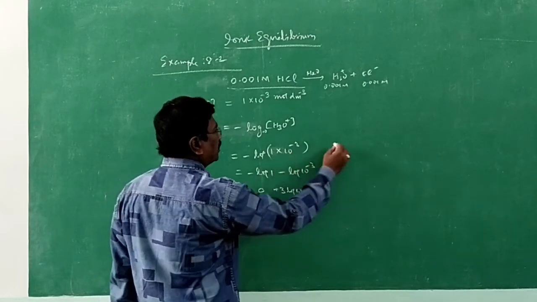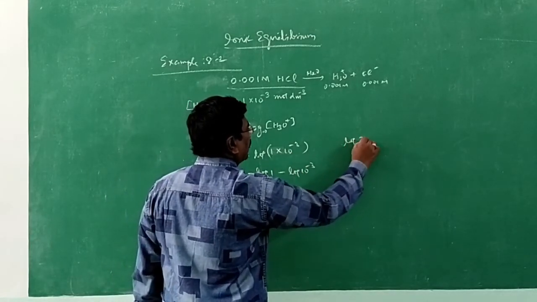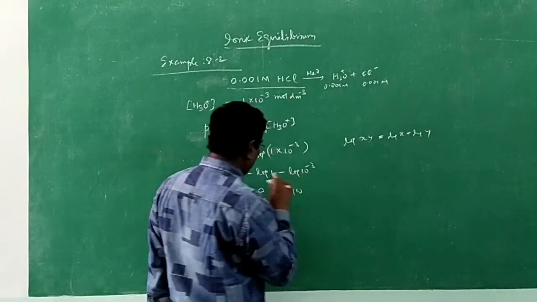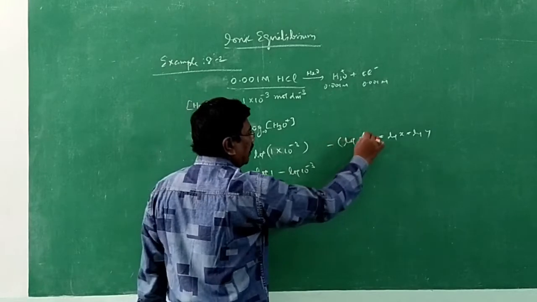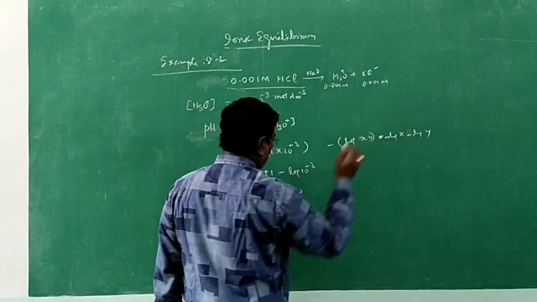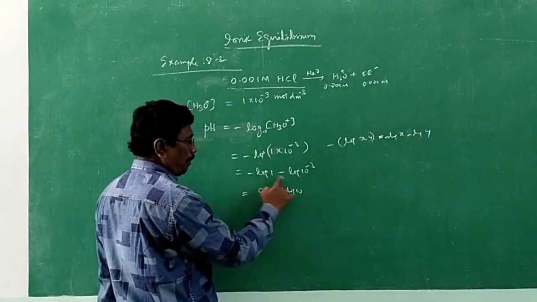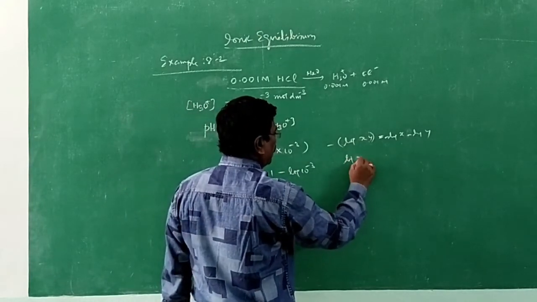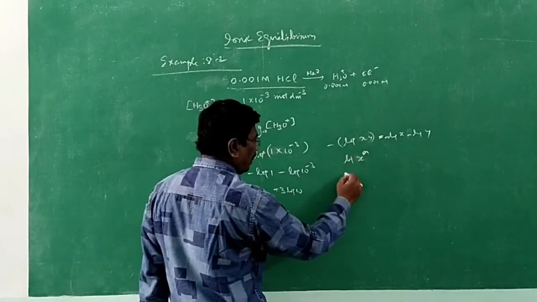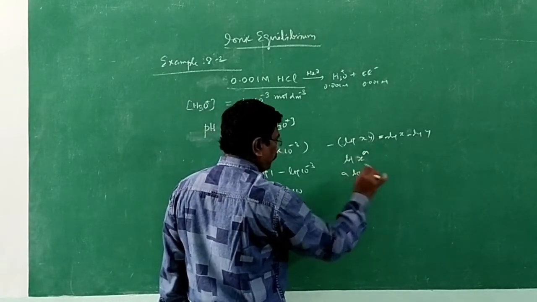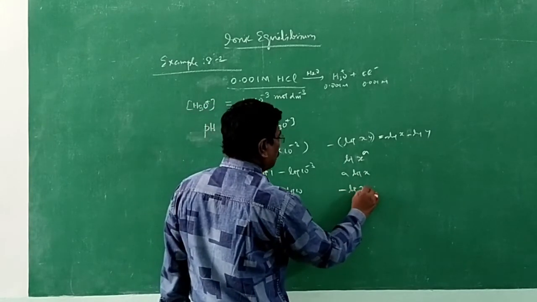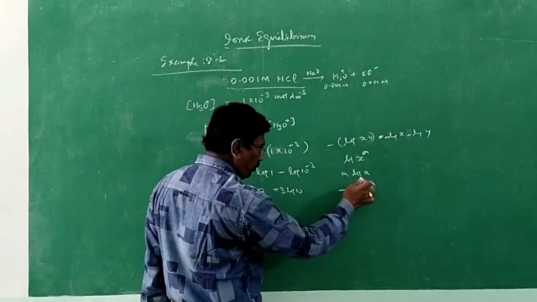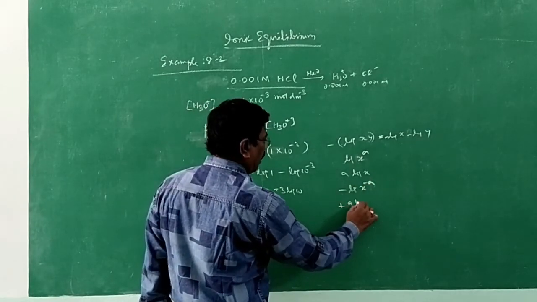So, here the formula that is applied is log x y is equal to log x plus log y. If we have minus like that, minus log x minus log y, that is what I adapted here. And then log x power a is equal to a log x. Here it is minus log x power minus a, so I have used minus into minus, plus a log x.